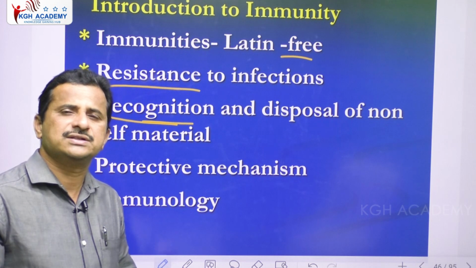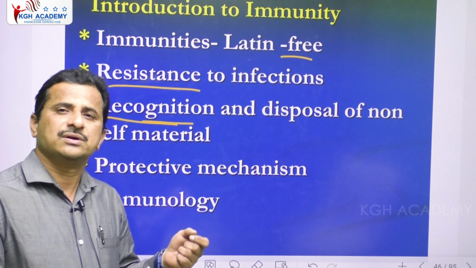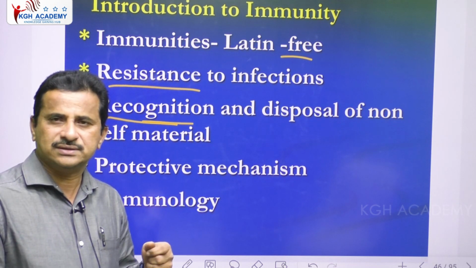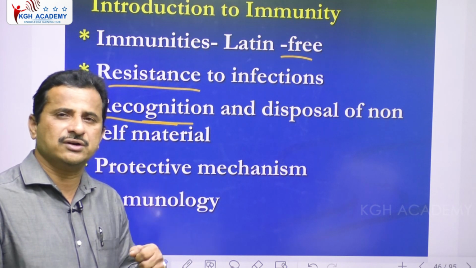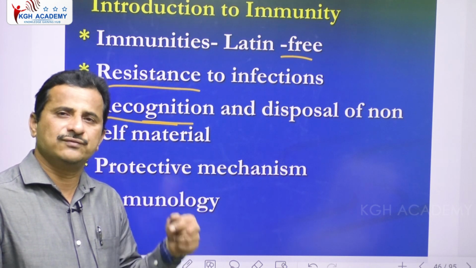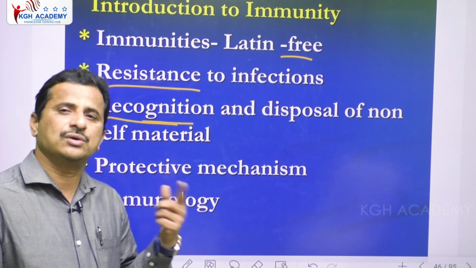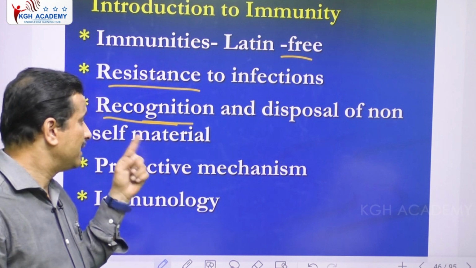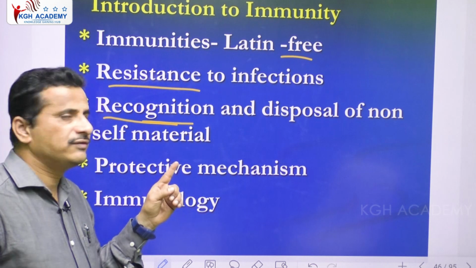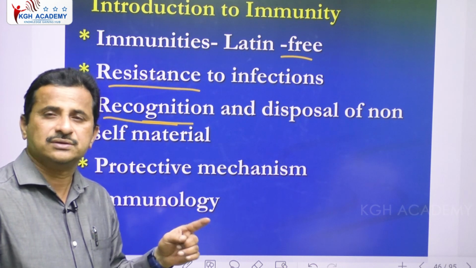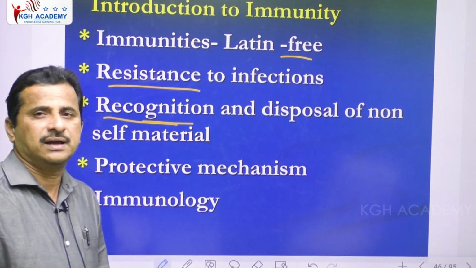Non-self material means that which does not belong to our body: harmful chemicals, harmful bacteria, etc. Our body eliminates them and throws them outside. This recognition and disposal of non-self, foreign material is called immunity.